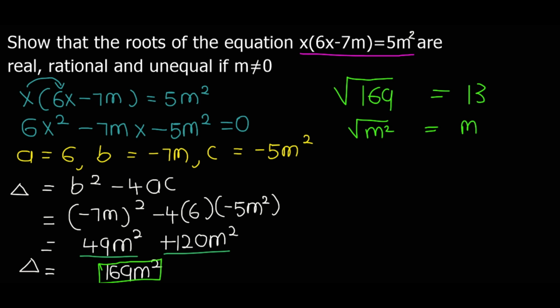So because delta is greater than 0, and also delta is a perfect square, we prove that these roots are real, rational, and unequal.